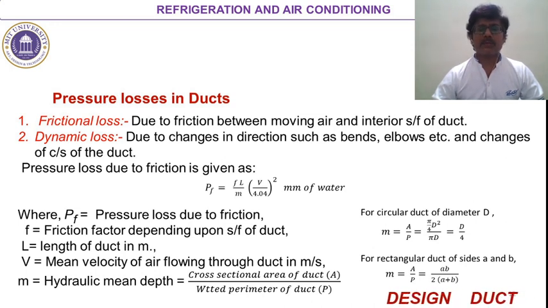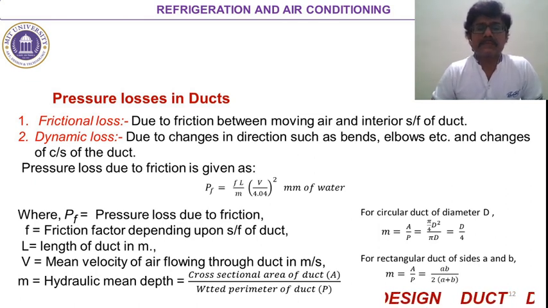The pressure loss due to friction is given by the equation Pf equal to (F L divided by m) into (V divided by 4.04) whole square, and this frictional pressure loss is obtained in millimeter of water. So what are these notations used?